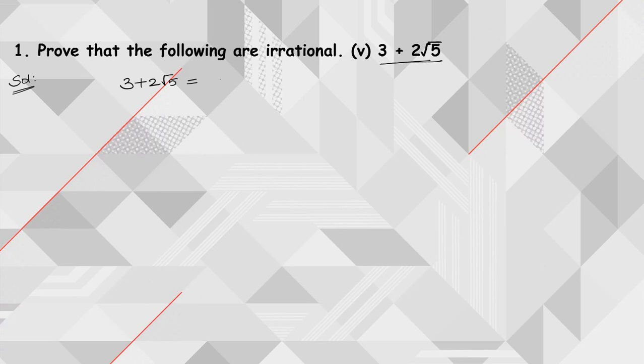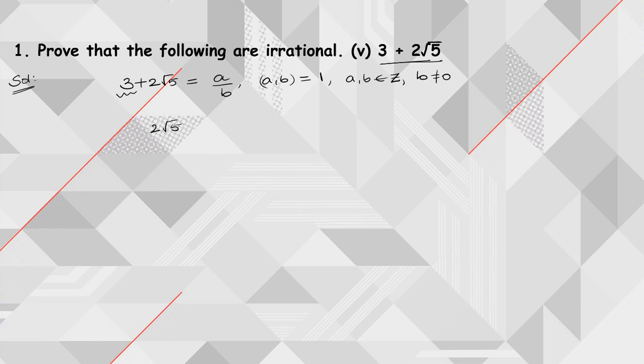So when I consider this as a rational number, it is in the form of a by b, where the HCF or GCD of a comma b is 1, a comma b belong to the integer set and b is not equal to 0. Now first thing I have to do is transpose this rational term to the other side.